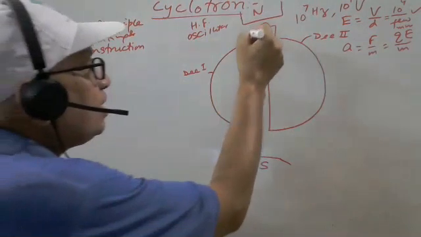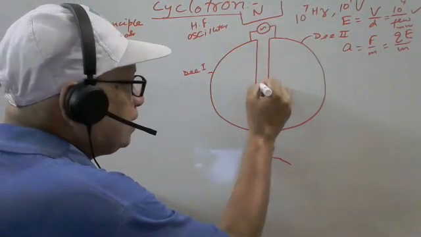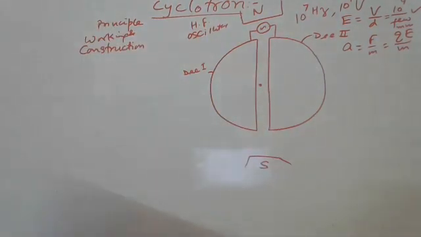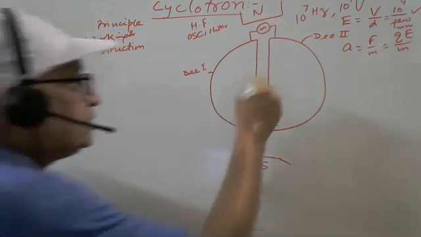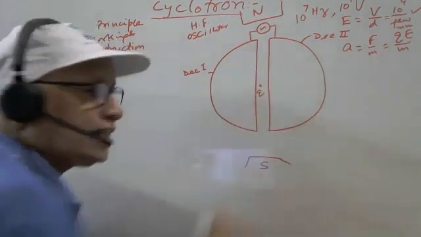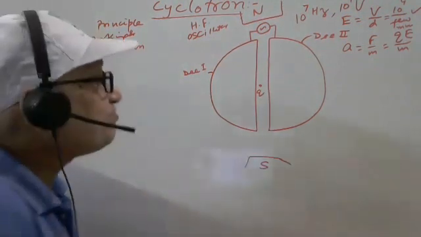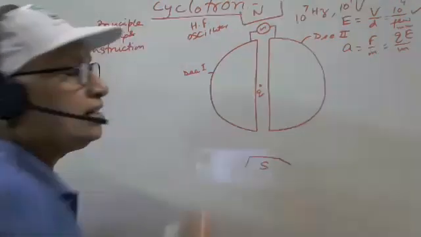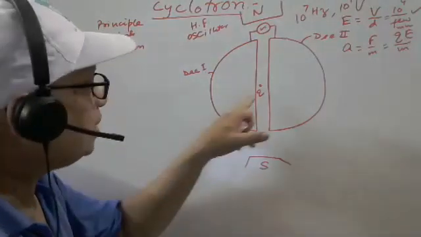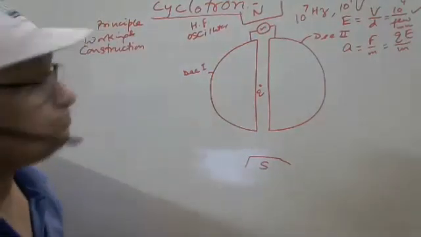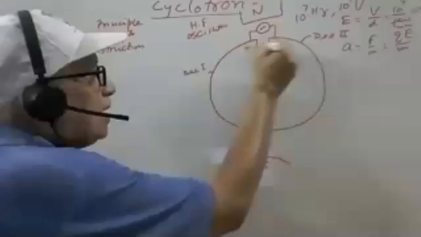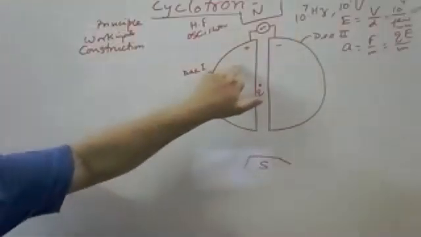So suppose this is a charged particle here. We have produced the charged particle Q here, a positive charged particle, let us say proton, neutron or alpha particle. At this moment, suppose the charged particle is produced here, this is the positive plate and this is the negative.